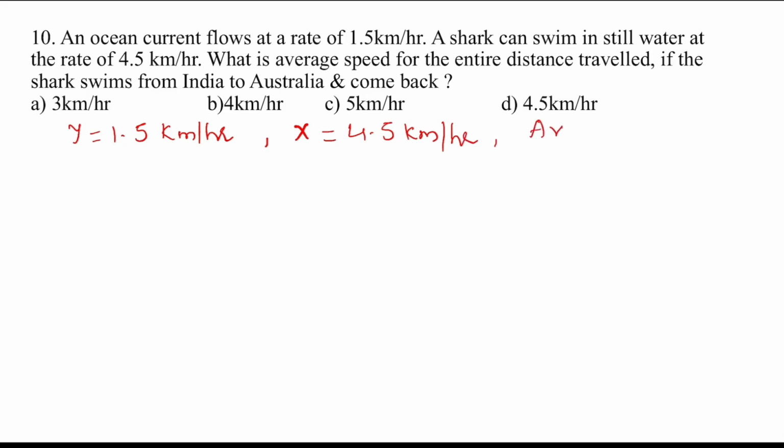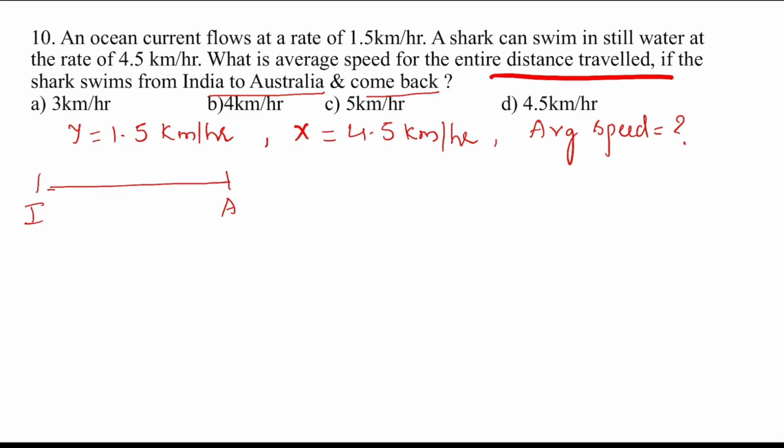They are asking for the average speed for the entire distance travelled if the shark swims from India to Australia and comes back. Now this is India and this is Australia. The shark is going from India to Australia and coming back from Australia to India.